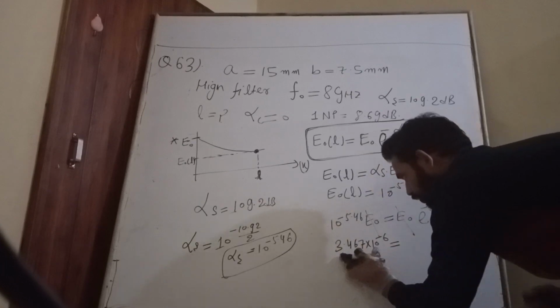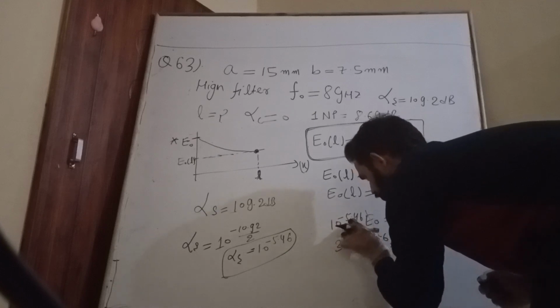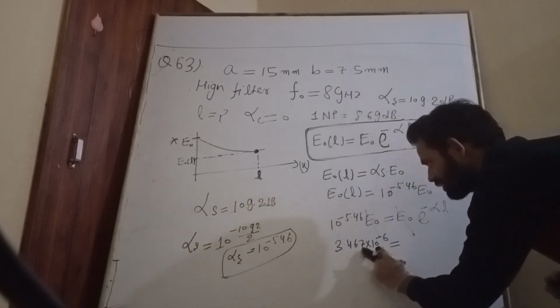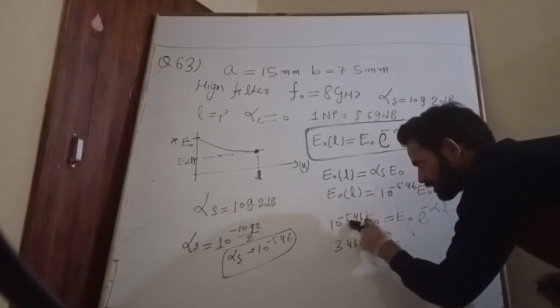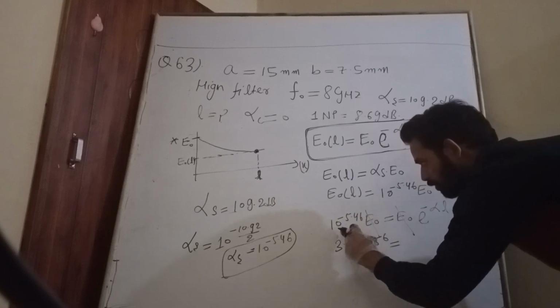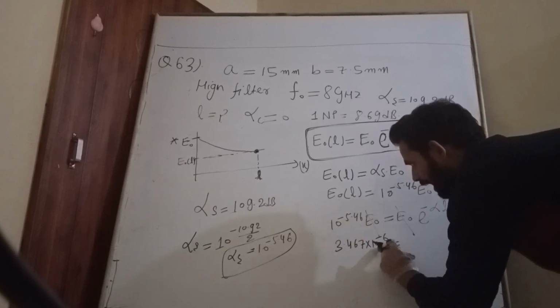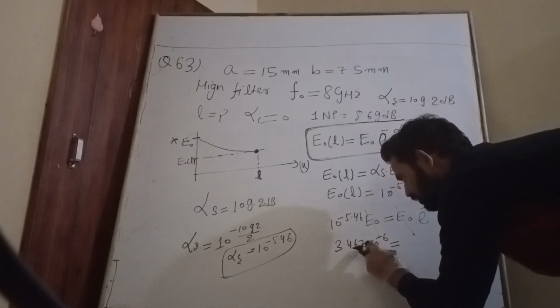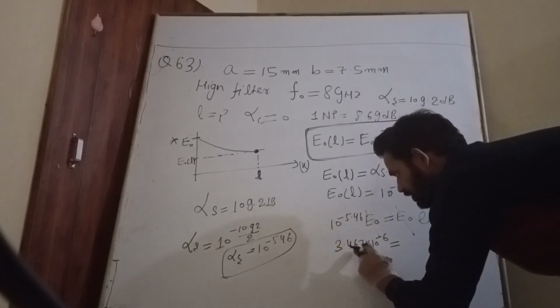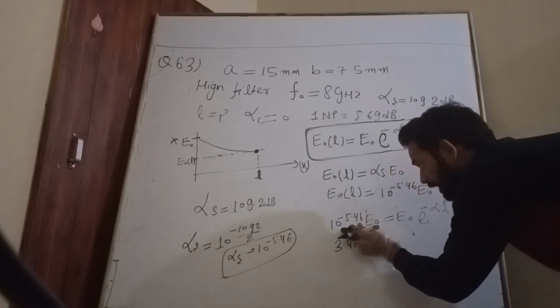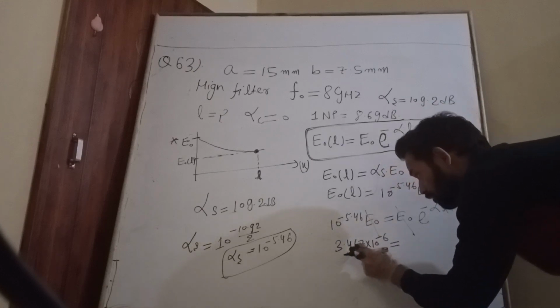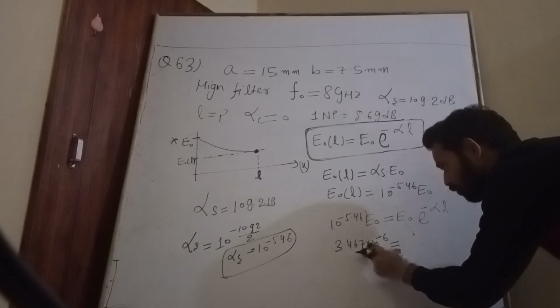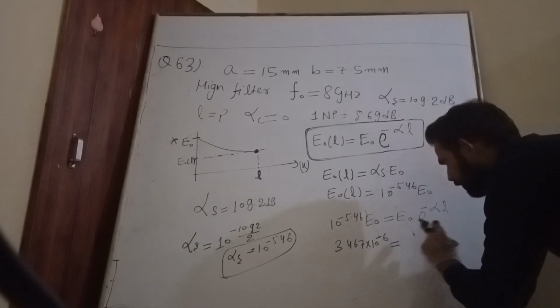When you solve this, 10 to the power minus 5 is there, and 10 to the power minus 0.46 is 0.3467, so overall the value is 3.467 into 10 to the power minus 6.